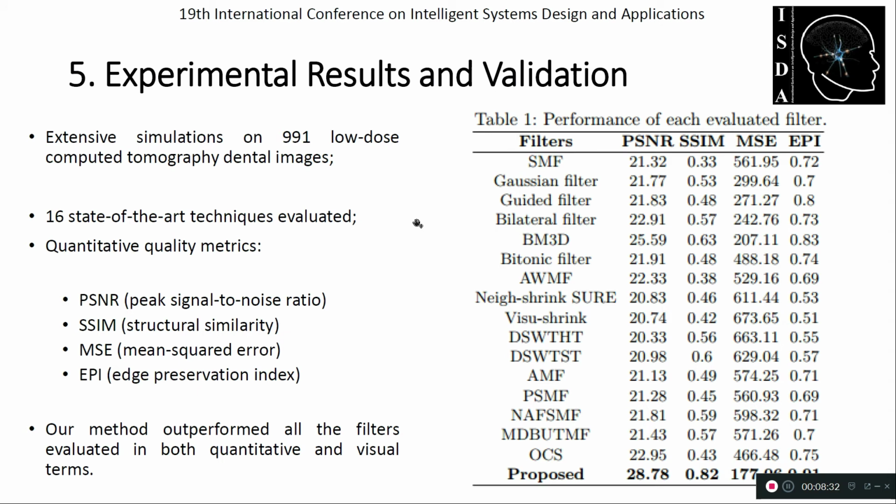So we conducted extensive simulations on our database, on our 991 low-dose images. We compared with 16 state-of-the-art noise reduction filters, and we used the peak signal-to-noise ratio, the structural similarity, the mean squared error, and the edge preservation index as quantitative quality metrics.